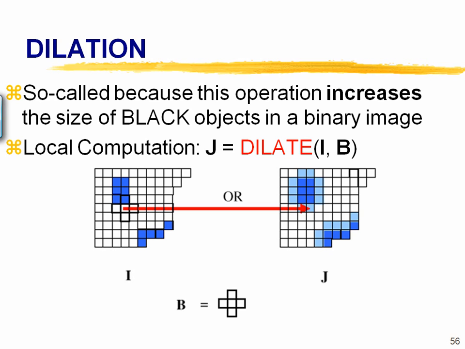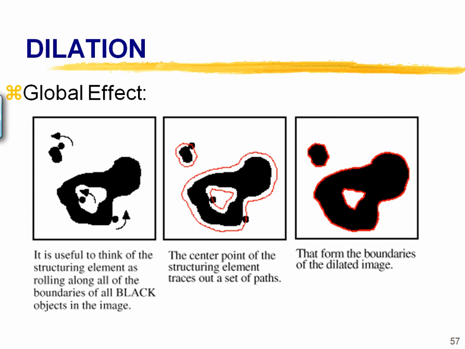Everyone okay with all this? So if you were trying to think of the global effect of a dilation operation, the easiest way to conceptualize this is if you take a black region, think of a rolling ball that sits at the boundary of your black region, except the rolling ball sits on the white side, the background side of the object.